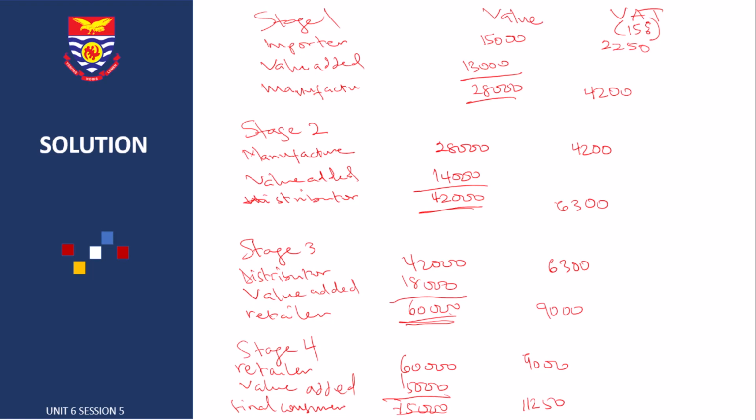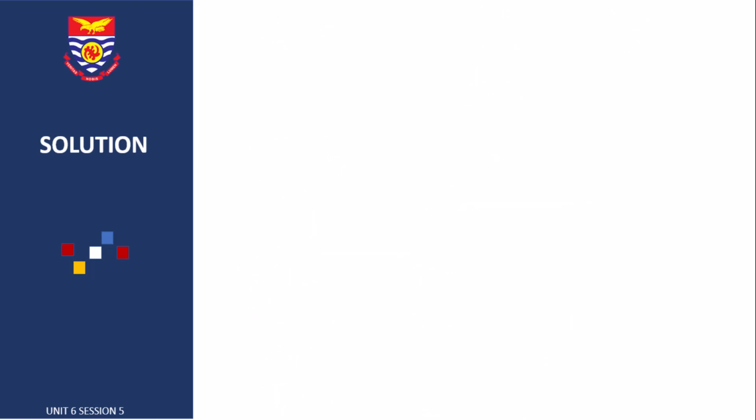Now we have to find the difference between the input and the output VAT. We said that every registered business does three things: you first pay input tax, you charge output tax, and then you remit the difference to the office. So we found input and output. Now we have to find the difference. The VAT treatment.